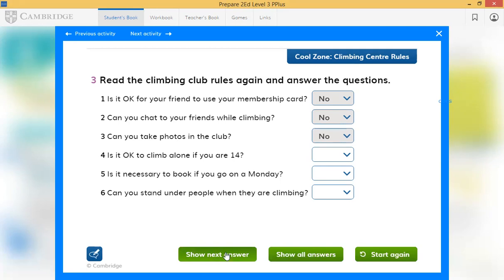No, no permission. Okay, Tamara, is it okay to climb alone if you are 14? No. Yes, only when you are over 12. You need to climb with an adult.